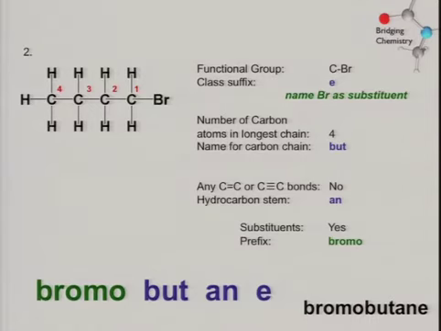If there's no number, then you assume that means 1. So if we just wrote bromobutane, then the assumption is that the bromine's on the end of your carbon chain. If it was on one of the middle carbons, then you would need to specify which of the middle carbons in the name.